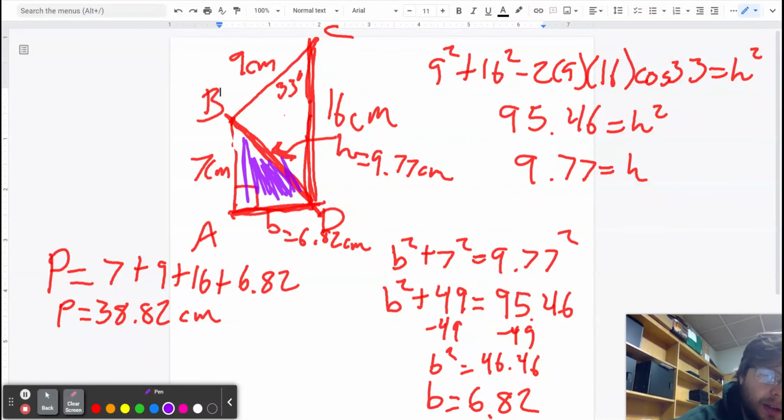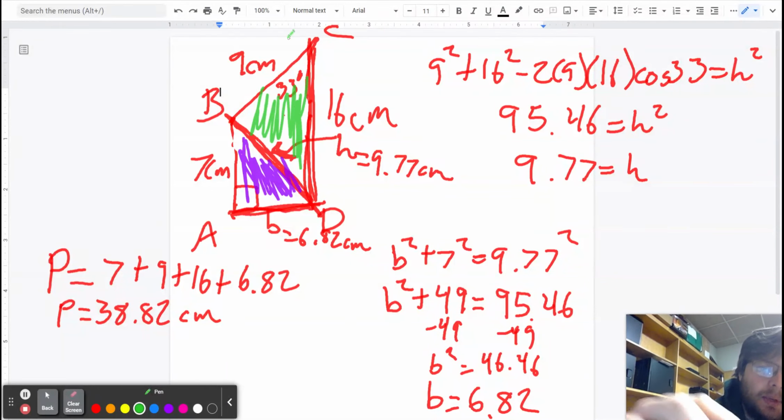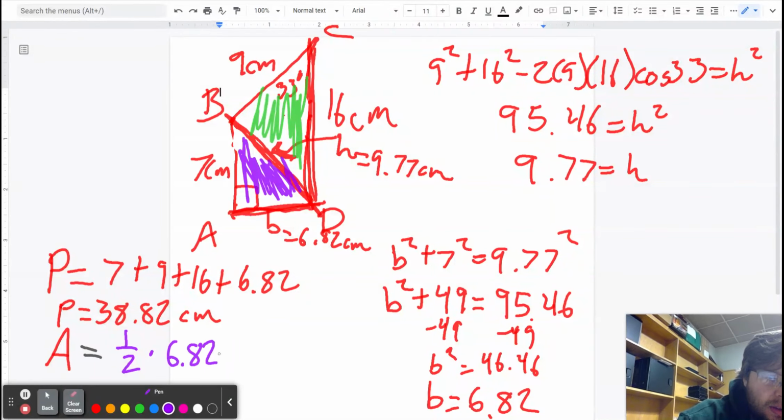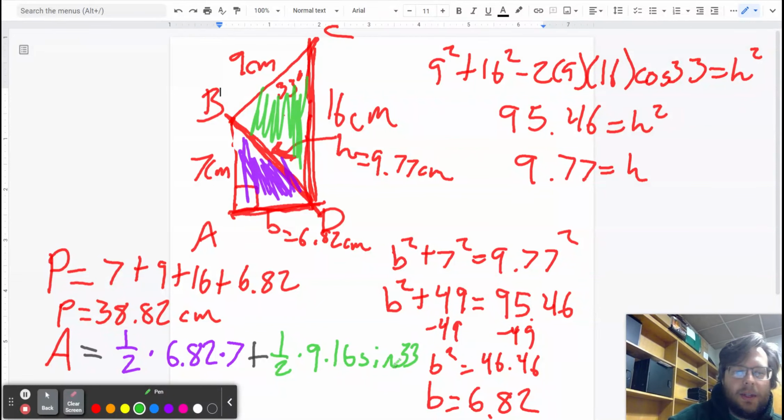Now to find the area, I'm going to think of it as two different shapes. This triangle down here and this triangle up here. So the area is going to be the purple triangle. The purple triangle is 1/2 times base times height. And then the green triangle is not a right triangle, so I'll use the other triangle formula, ab sine of the angle in between them.